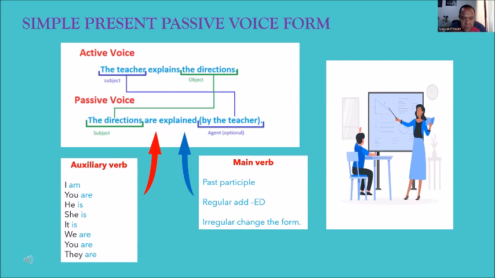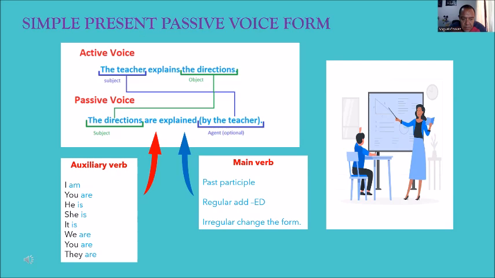The choice of the auxiliary verb depends on the subject. For singular subjects, he, she, it, we use is. For plural subjects, we, you, they, we use are. For first-person singular subject, I, we use am.